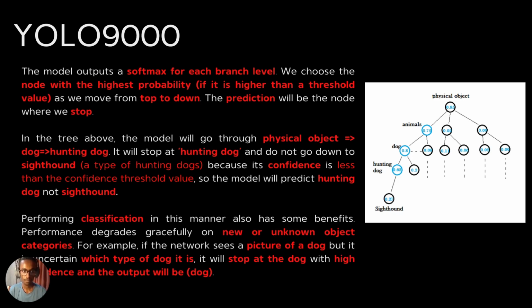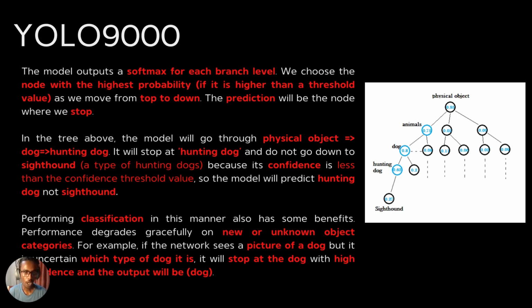So let's say we have an image containing a dog, and we don't know specifically what type of dog that is. By using this method, we start from the root node physical object, then we move to animal, then dog, then hunting dog.